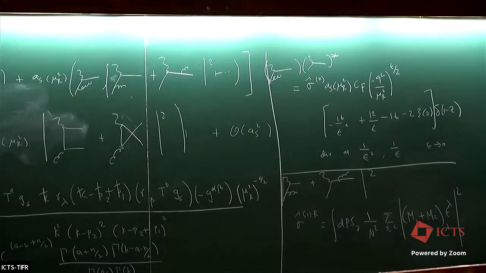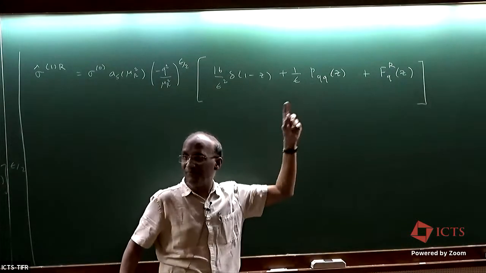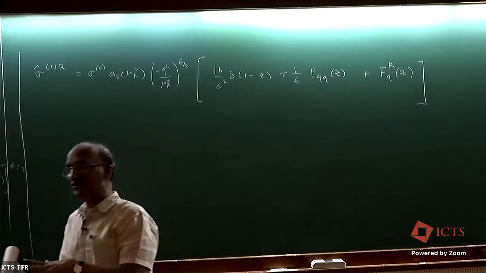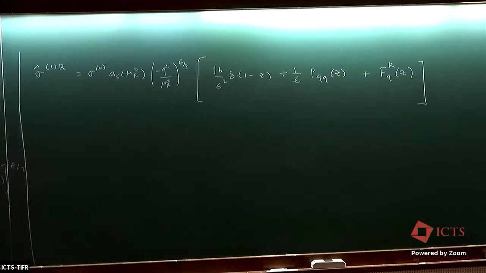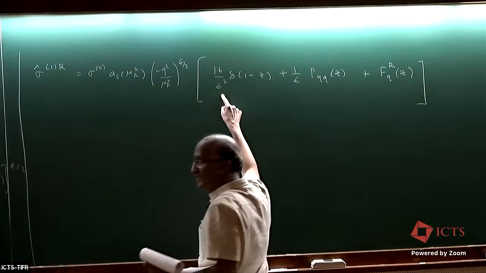And you get a very similar answer when you consider the real emission process, which is plus 16 by epsilon square plus 1 by epsilon times P. If you add these two together, you see that the 1 by epsilon square cancels. If you are really serious about these kinds of computations, you should go back and check it, and also you will get an understanding of why this cancellation happens.